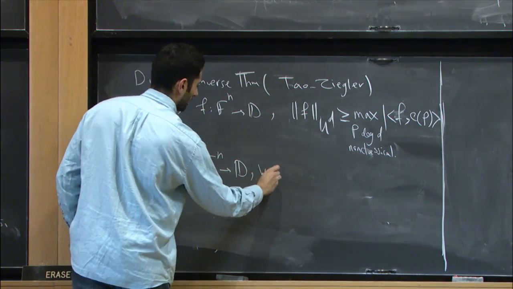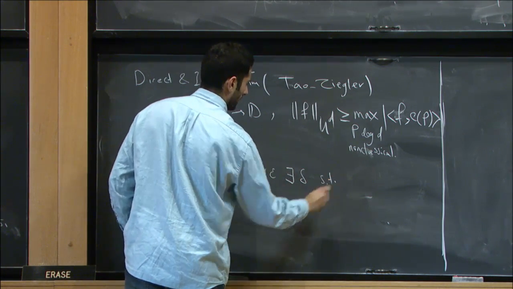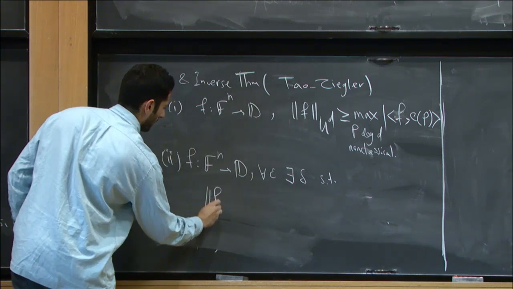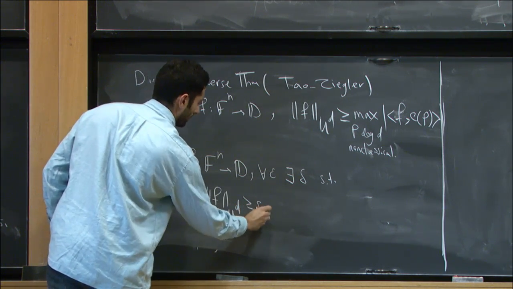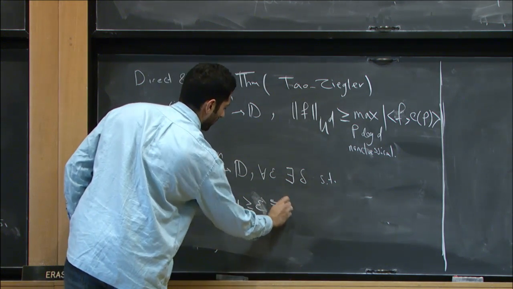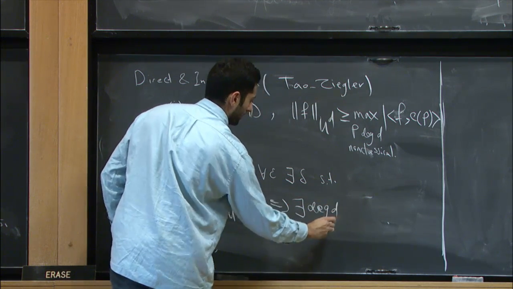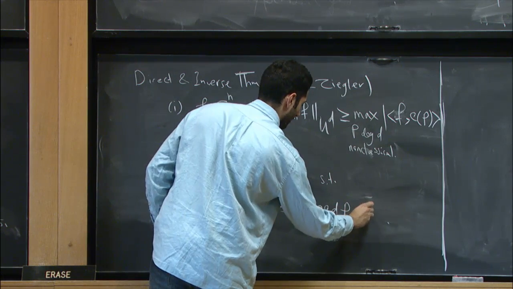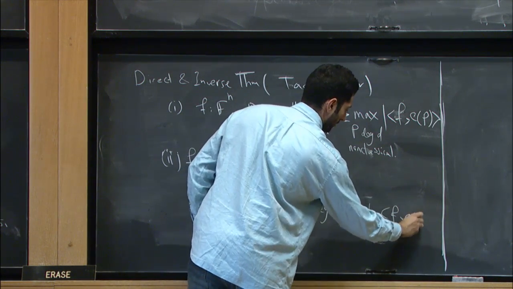For every epsilon, there exists a delta such that UD being greater than epsilon implies that there exists a degree d polynomial p such that f correlates with it.